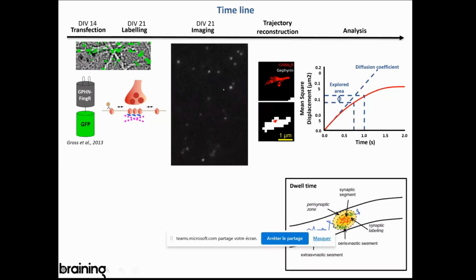Okay, good. So you can see the quantum dots in white without the synaptic marker, and you can see them moving along in the neuron. You can see some that are moving a lot and some others that are more immobile. And also what you can notice in this movie is that they blink. What does it mean?